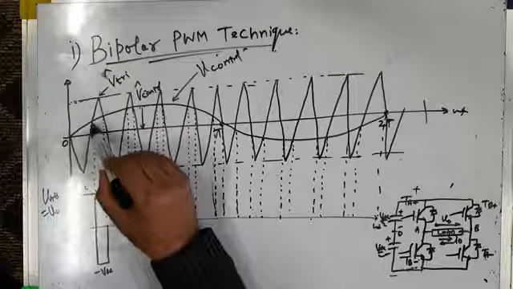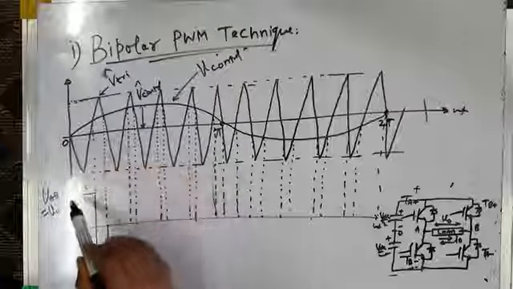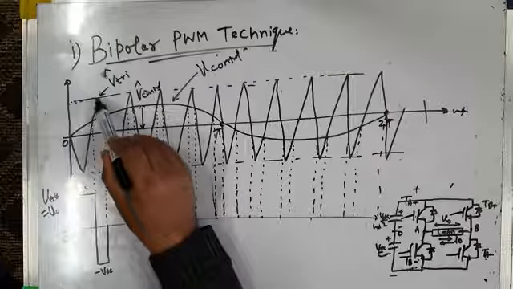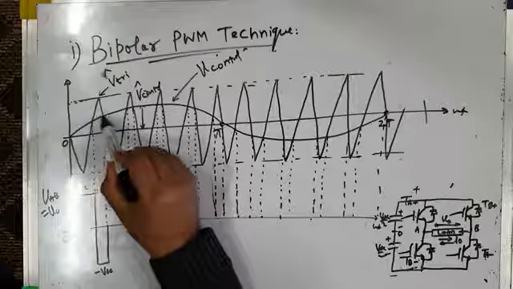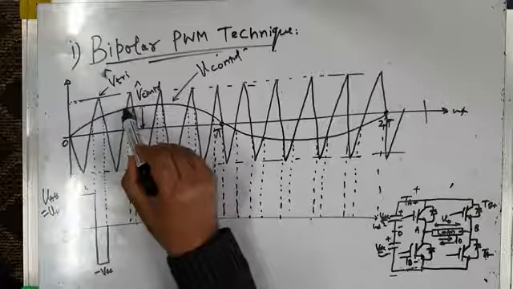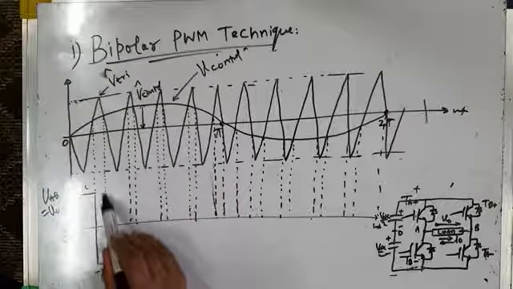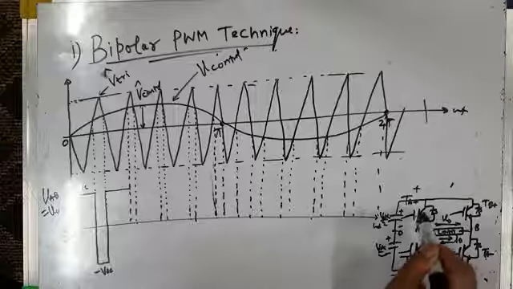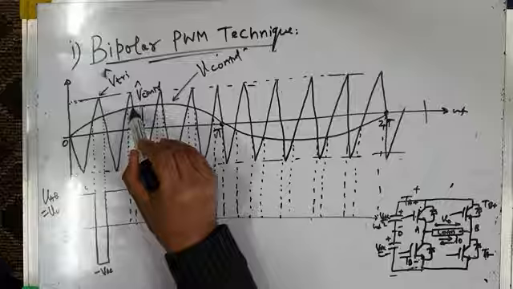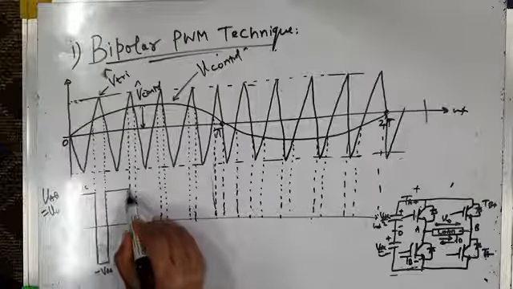So from this point to this point, the reference sine wave is higher in amplitude than the triangular carrier wave. My inverter output voltage is plus VDC. From this point to this point, the triangular carrier wave is higher in amplitude than the reference sine wave. My inverter output voltage is minus VDC. Then again, from this to this interval, the reference sine wave is higher, and my inverter output voltage is again plus VDC because these two switches are on. And for this small interval, the triangular carrier wave is higher, so the opposite switches are on. My inverter output voltage is minus VDC.